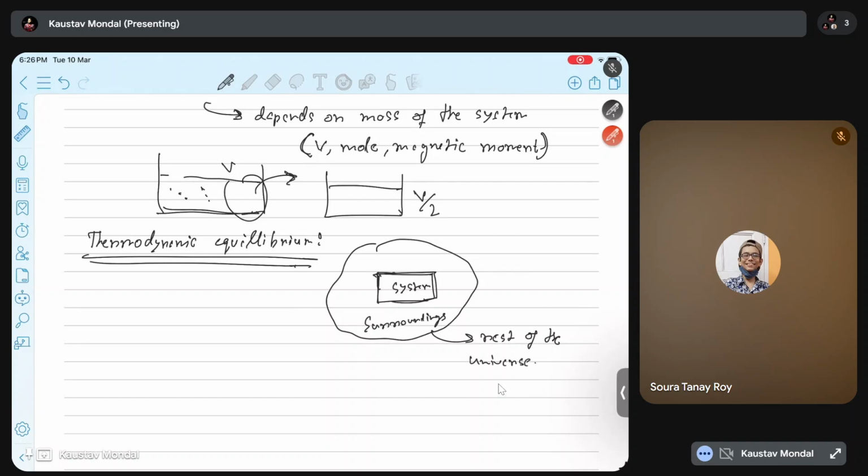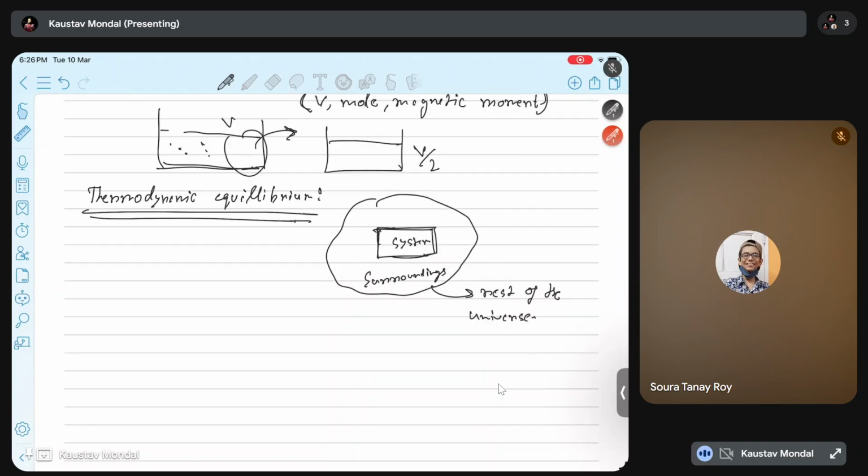Now, the system is in thermodynamic equilibrium with the surroundings. How do we define that? Three things need to be in equilibrium in order to verify whether the system is in thermodynamic equilibrium or not.